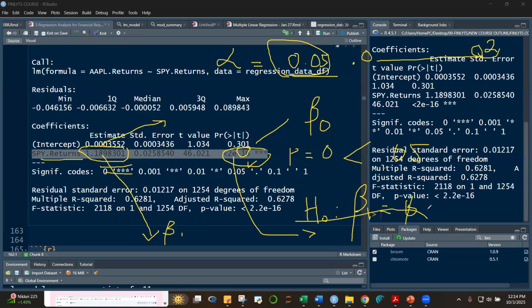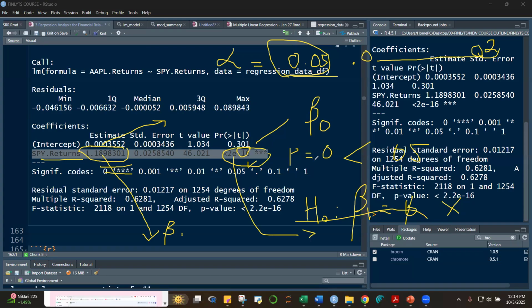The conclusion here, class, is that we reject this hypothesis. Why? Because the p-value is 0 and the level of significance is 0.05. I said in the previous video that when the p-value is low, the null must go.